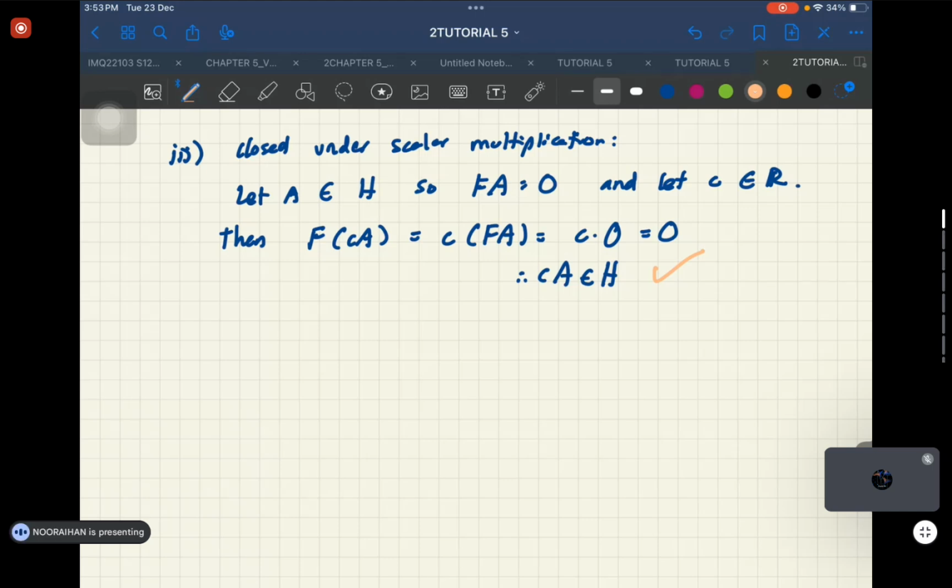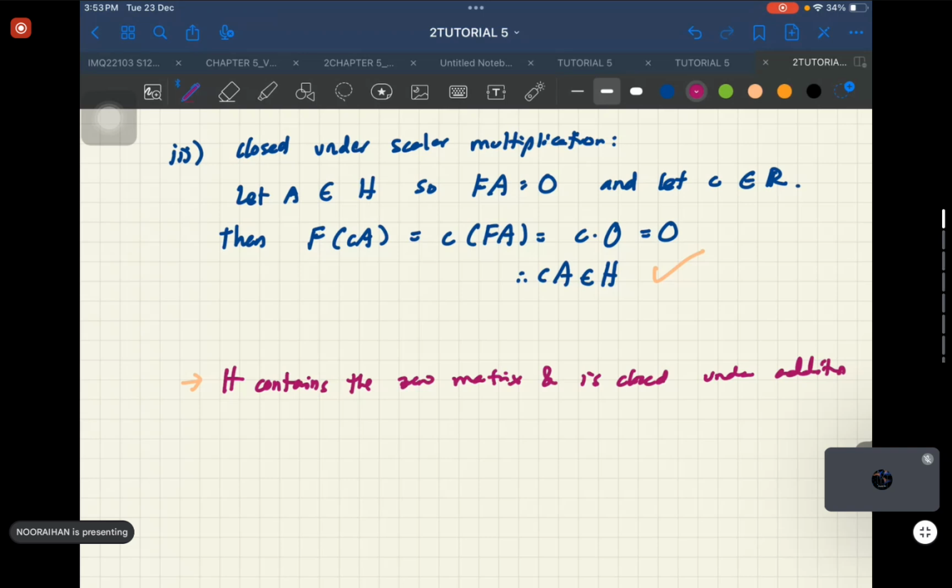So H contains the 0 matrix. Okay, write the conclusion. H contains the 0 matrix and is closed under addition and scalar multiplication.